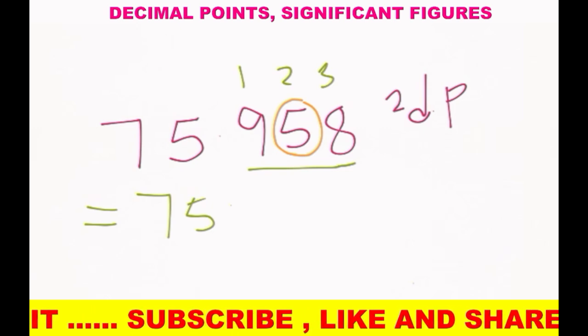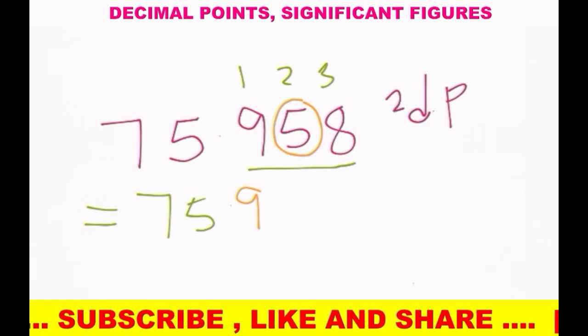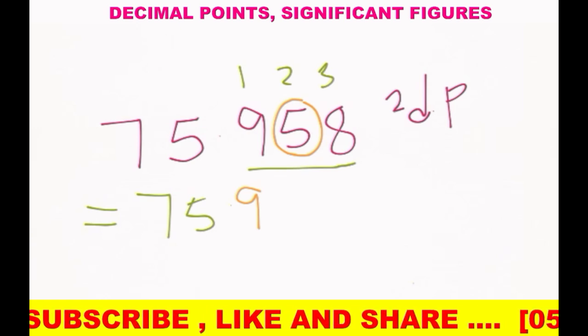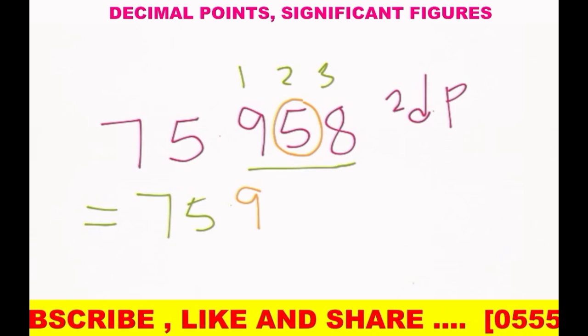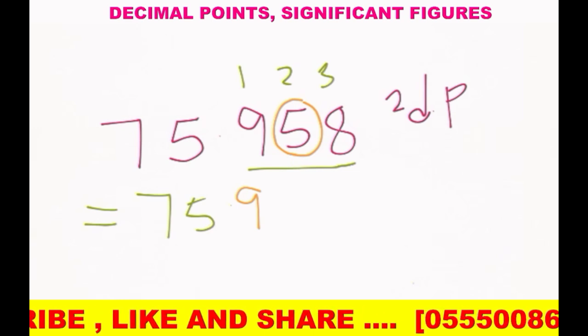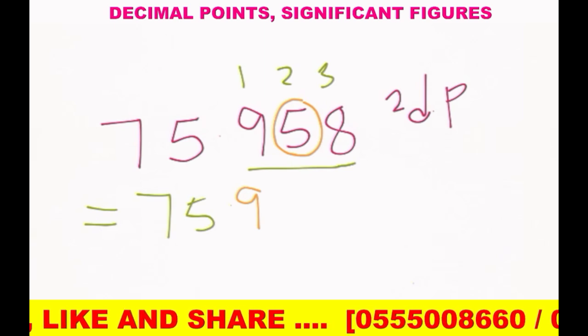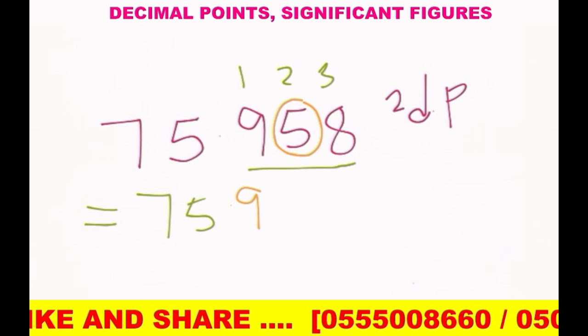The numbers after the point, the ones I've underlined with the green line, are 3 numbers, but we want it to be 2.